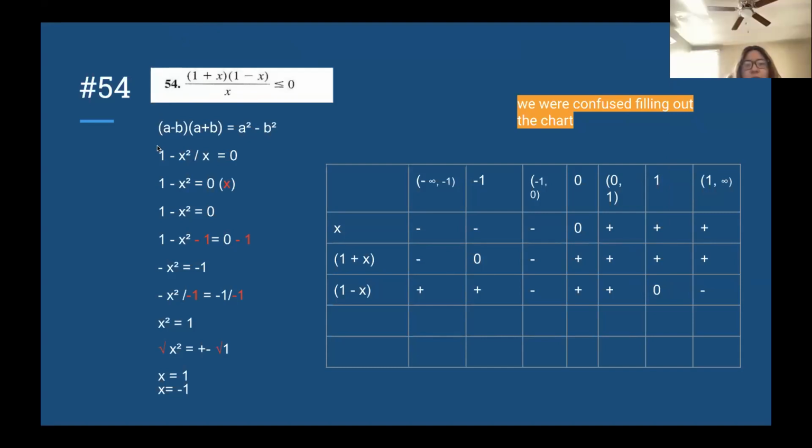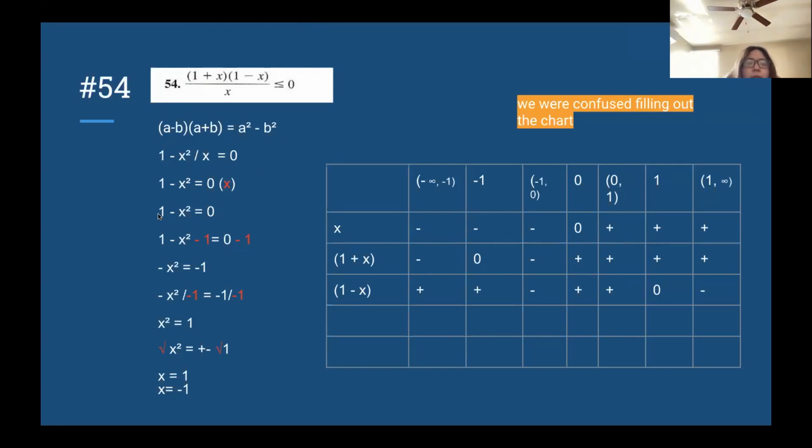Okay, so the first thing that we had to do was get rid of the parentheses, and we did that by using this expression here. The result was 1 minus square root of x over x equals 0. Then to get rid of the x in the denominator, we multiplied the 0 by x, and we were left with 1 minus square root of x equals 0.